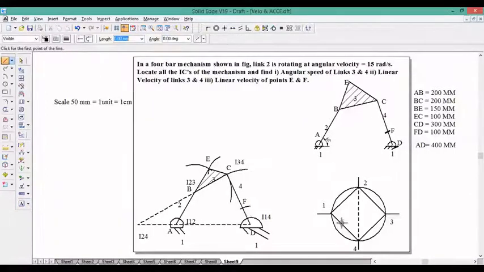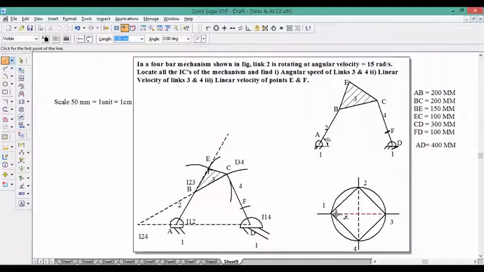Similarly, to find the instantaneous center 1 and 3, I12 and I23 must be projected. It's coming on the same line almost.